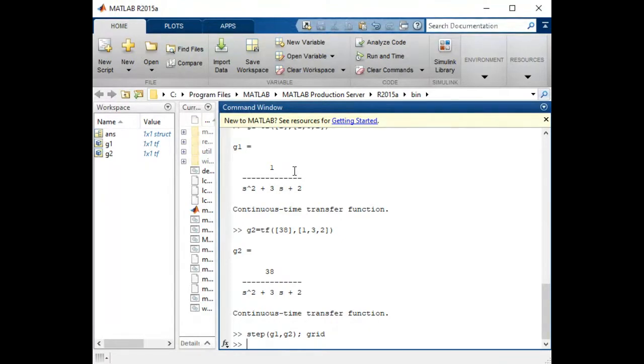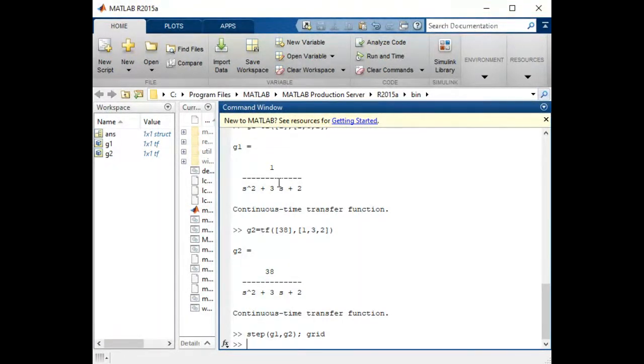This is what I have right here. I hope you can see the pointer. Yes, sir, I see the pointer. Great. This would be the forward path transfer function. You now tell me what you think the closed loop transfer function is going to look like.